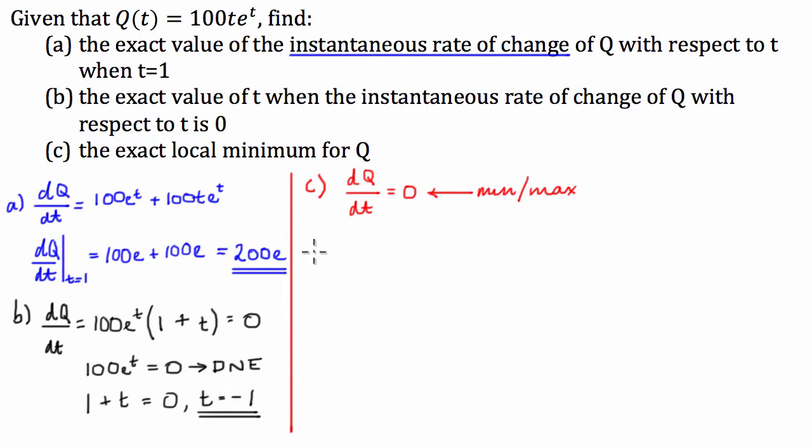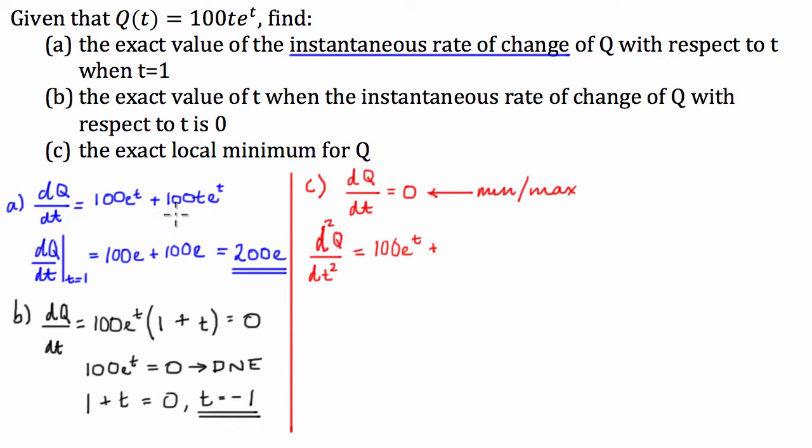So what we're going to do is find the second derivative of this function, d squared q divided by dt squared. We're going to differentiate this function here. The derivative of 100e to the t is simply, you guessed it, 100e to the t. And then we differentiate this, which is exactly what we had in the first function, 100t e to the t.